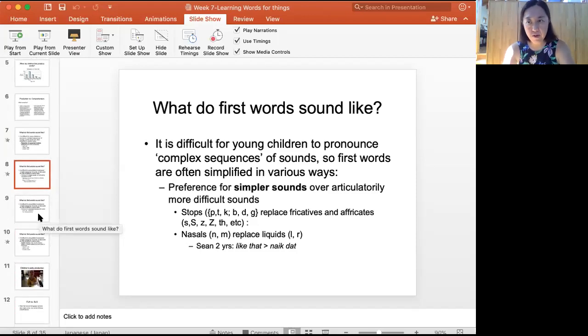Second language learners sometimes make such mistakes too. We have a hard time pronouncing L's, R's and TH, so we might replace them with other sounds to compensate for the fact that we cannot pronounce certain sounds.